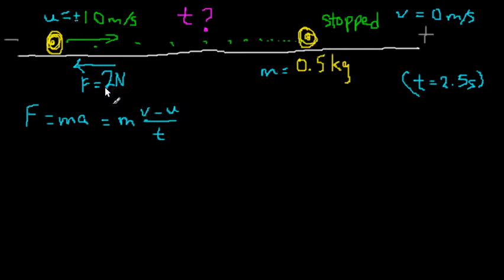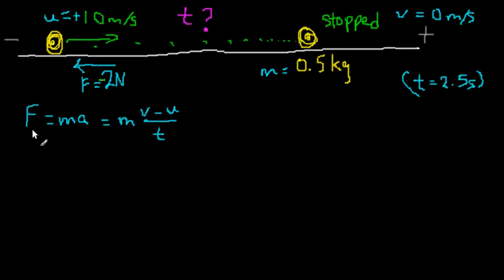F, now force is pointing to the left, so it has a minus sign here for the force. M, we don't need a sign. T, we don't need a sign. So there we are, and we have to find the t.